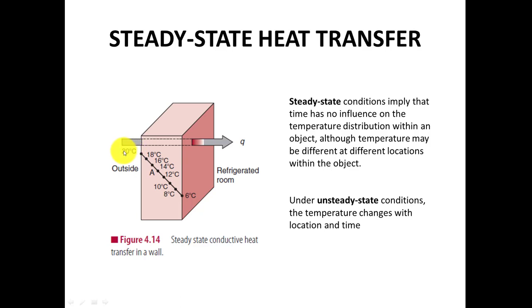You can see here the temperature is 20 degrees and here the exit temperature is 6 degrees. So this temperature is varying with the location. At this location it is 18 degrees, then 16, 14, 12, 10, 8 and finally 6. So temperature is changing with the location but it will not change with time.